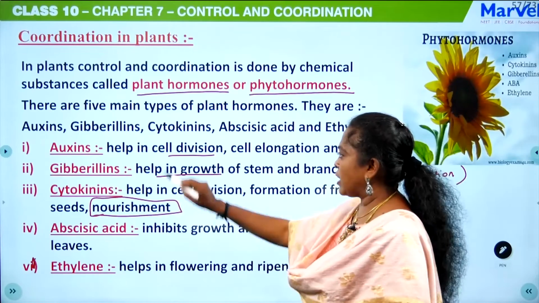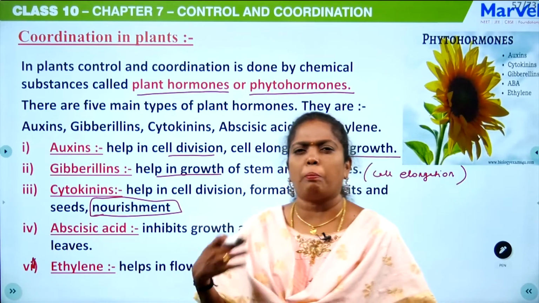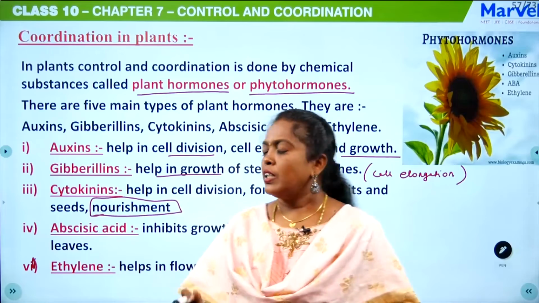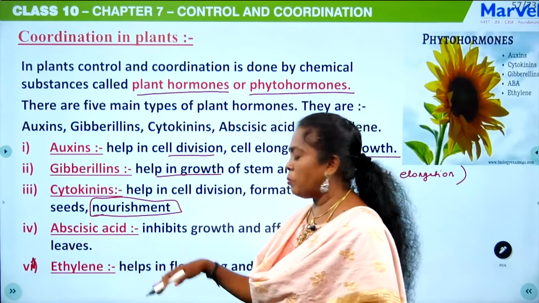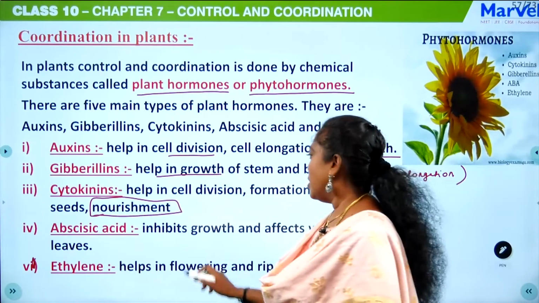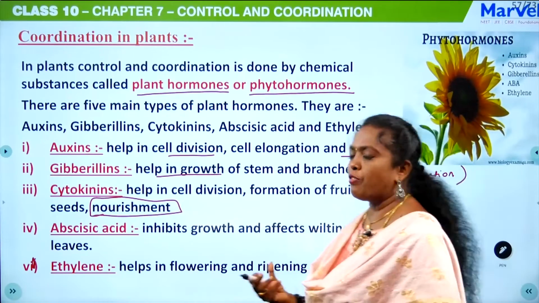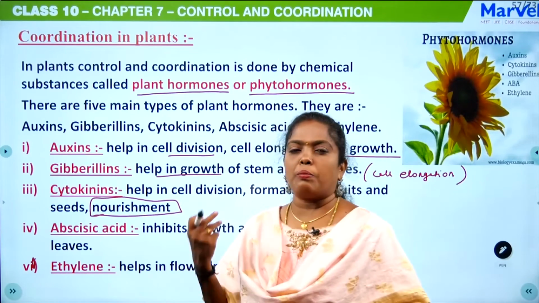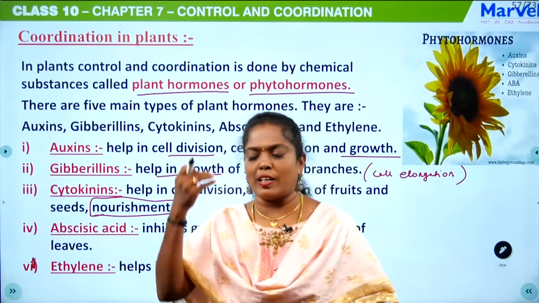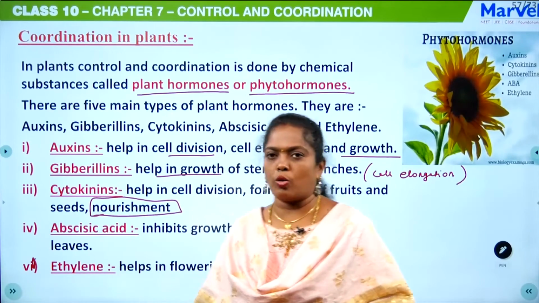And abscisic acid. These three are promoters, which means they are helping in growth, and this is actually the inhibitor. It is stopping some particular action, inhibiting growth and affecting the wilting of leaves. Say for example, the older leaves have to wilt and fall down. So this will help in that also.